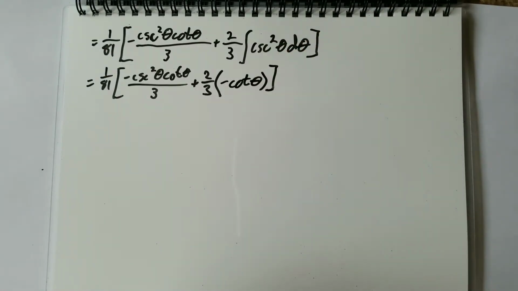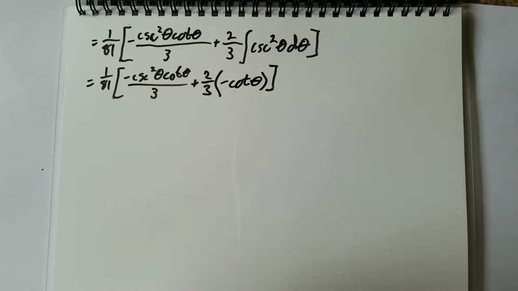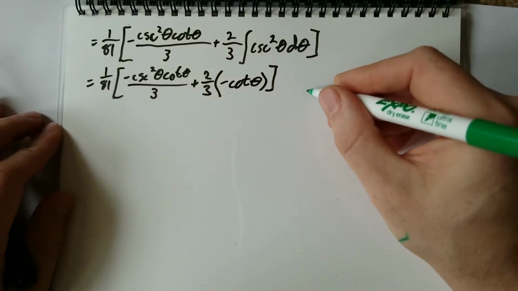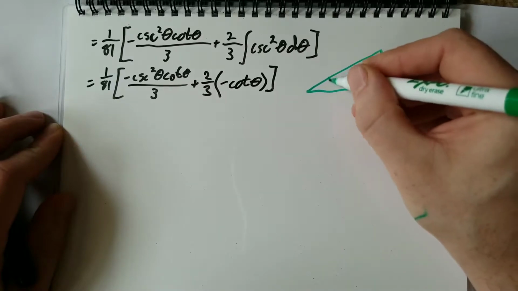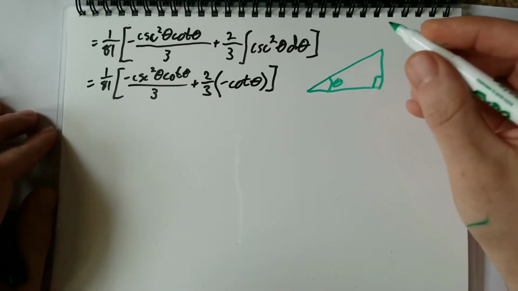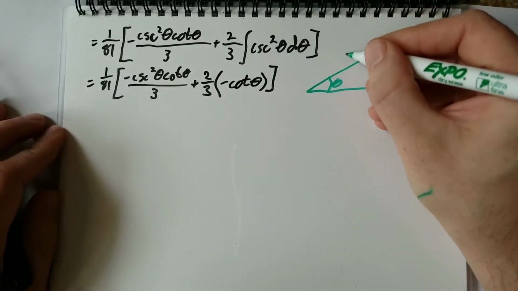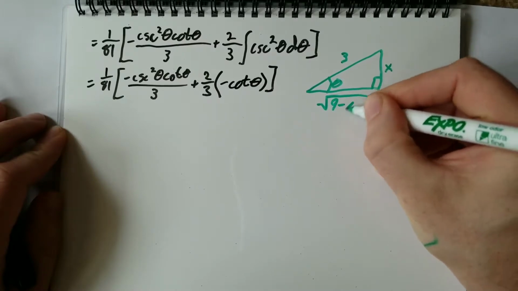Okay, so now where do we get cosecant and cotangent from? Well, this is where we look at our right triangle. So I'm just going to draw a right triangle over here. This is theta. We use sine, so we know that opposite is x. Hypotenuse is 3. That means this edge right here is the square root of 9 minus x squared.